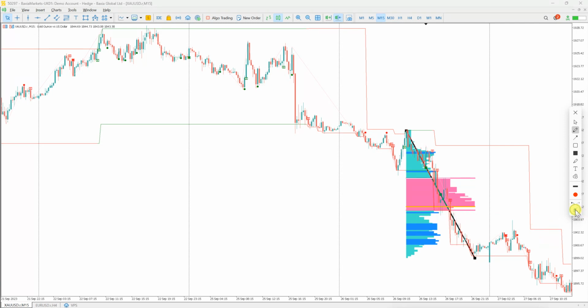Notice the color is light green, turquoise, and then the price went below the low of this volume cluster. Let's put a middle over here, and then price broke structure.